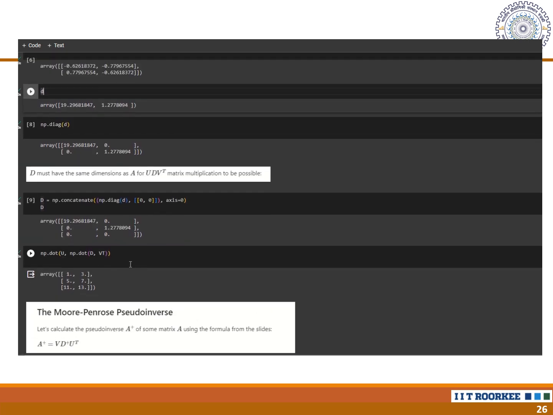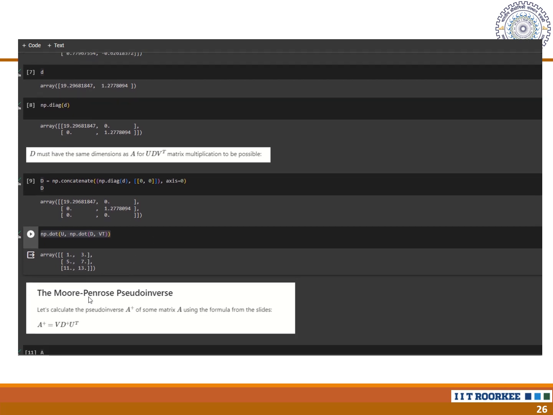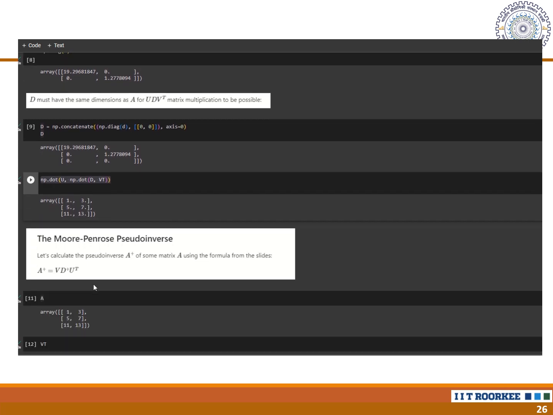Yes, we definitely are getting the same matrix when we use this np.dot function to get the dot product of all those three components. Yes, we have the same matrix, right?